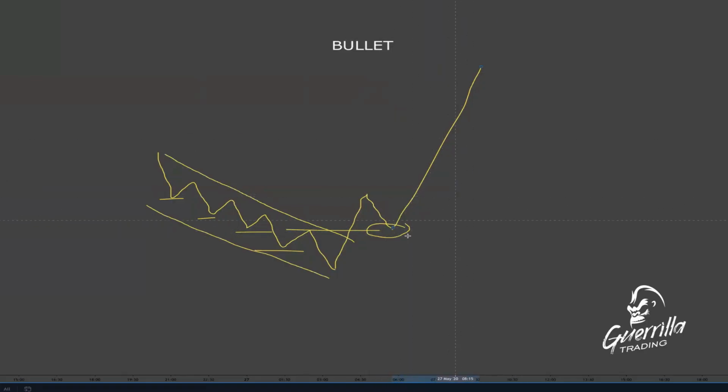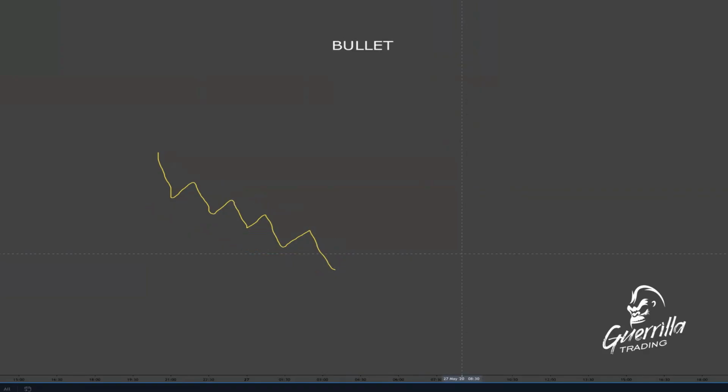Because they know that we are at the bottom of the trend, and most of the time you'll get a continuation of that trend and you're more likely to take quite a lot of percentage out of that market. Again, realizing that when we break this high here, we reduce our risks massively. And that's one of the key factors of being profitable within the Gorilla strategy, is that we manage risk.